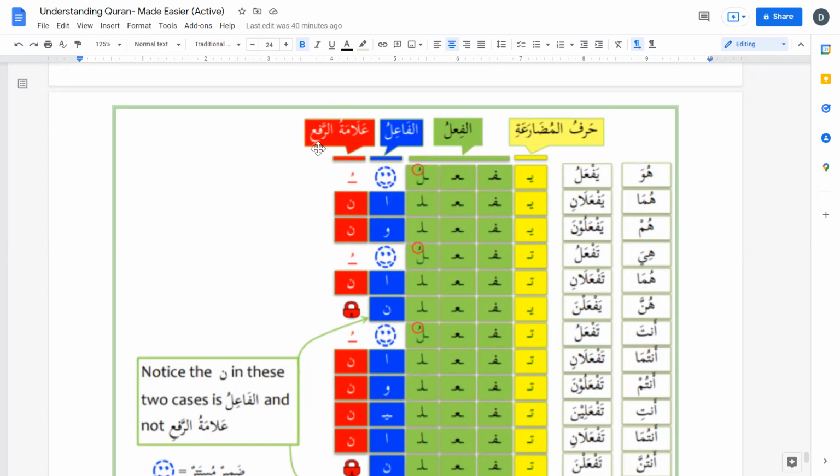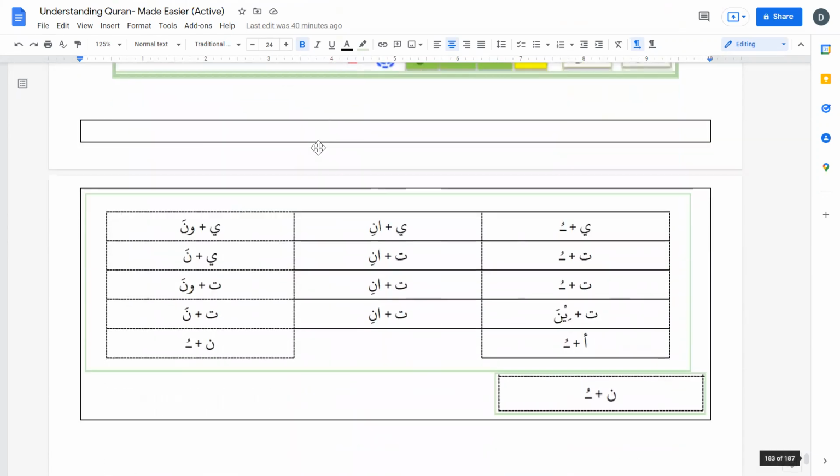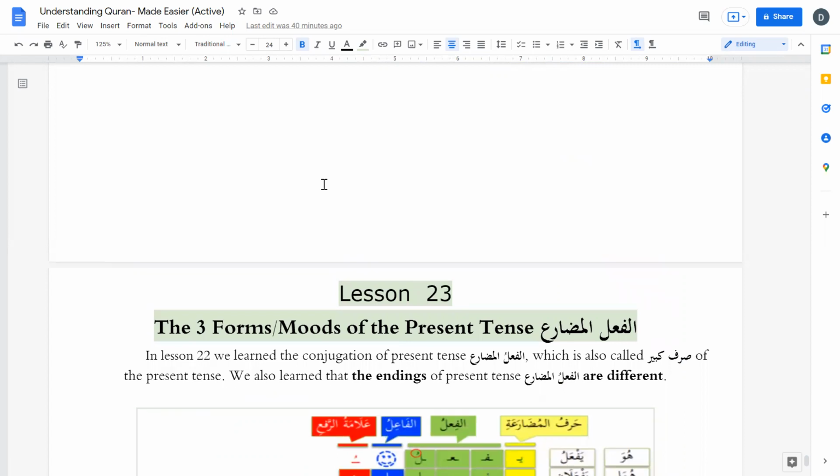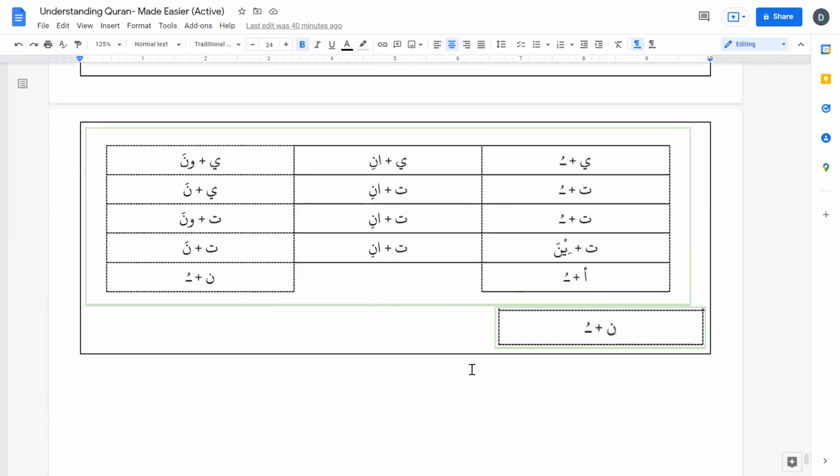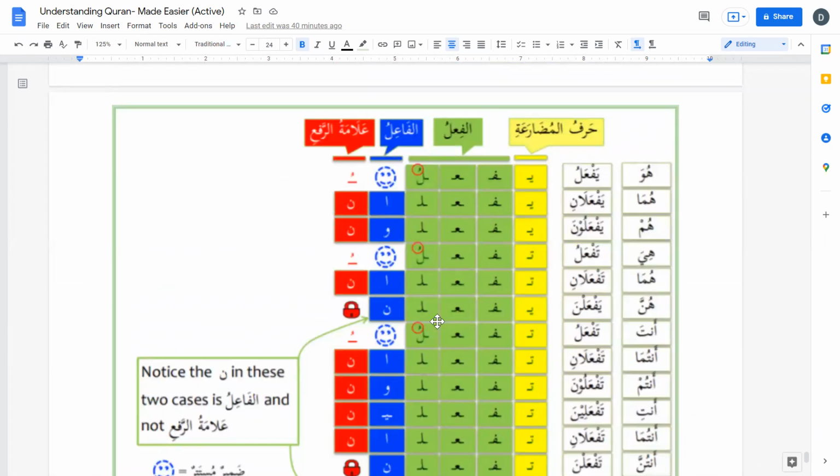Remember, for every ism we have three status: rafa, nasb, and jar. This fi'l mudari also has three different forms. We don't call it status, but three different moods of the present tense that, inshallah, we are going to learn in the next lesson.